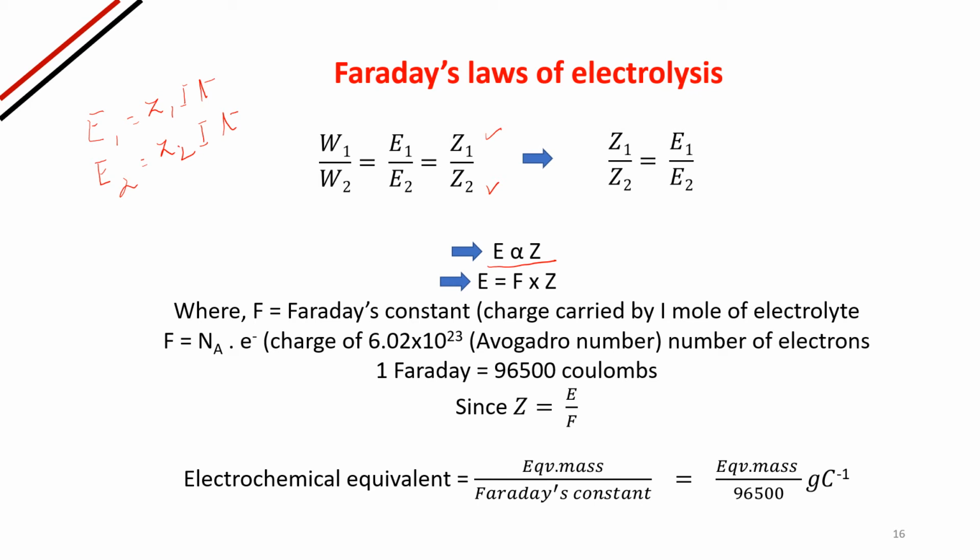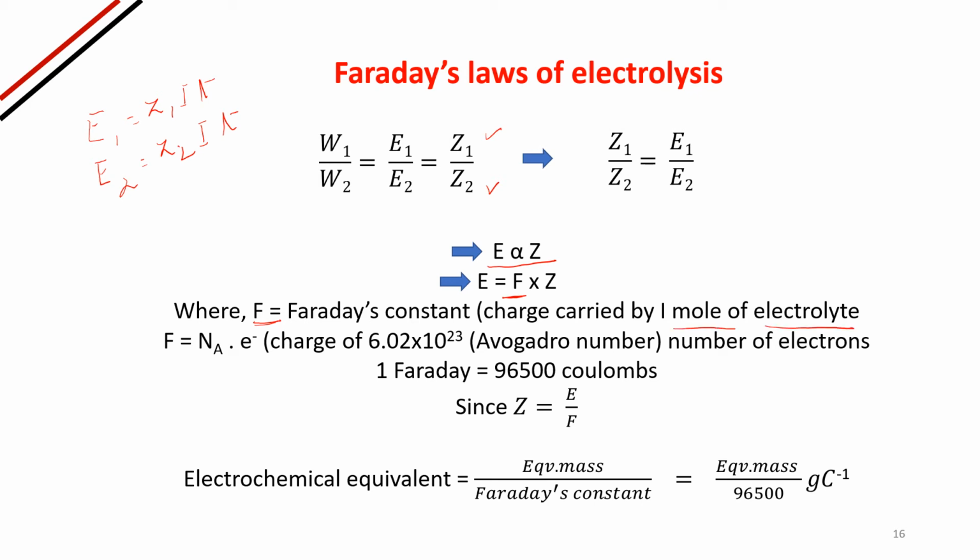To remove the proportionality sign and make it an equal sign, we have to bring in one constant. That constant is F. So we get E is equal to F into Z. Now this F is known as Faraday's constant, which is very important. Faraday's constant is the charge carried by 1 mole of electrons.